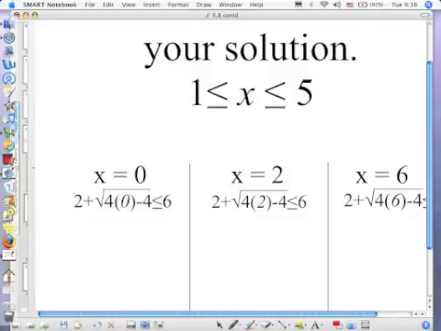So what I do is I choose something to the left of my solution set, which here would be x equals 0. I choose a number that's inside my solution set. I just chose 2. You could choose 1, 2, 3, 4, or 5.